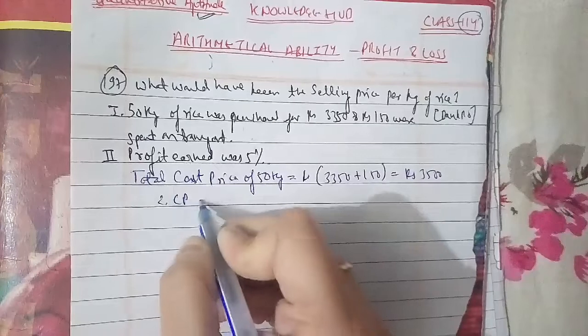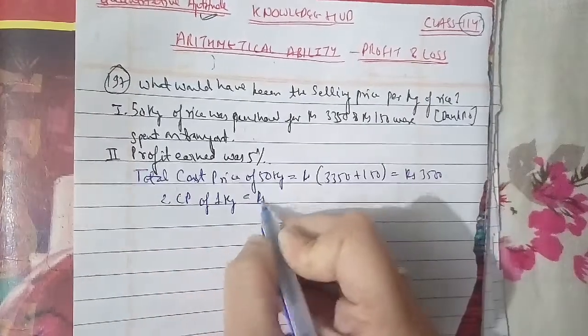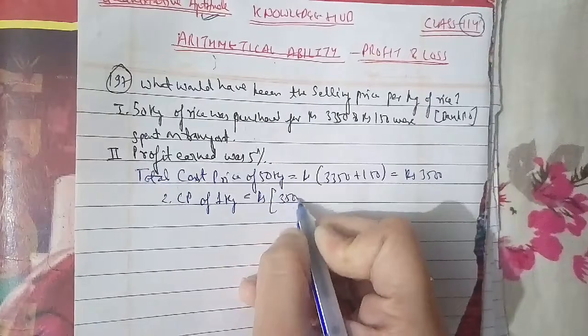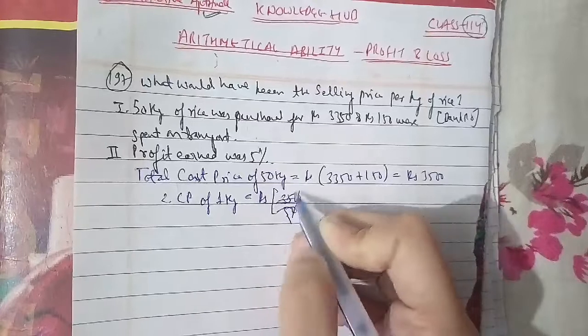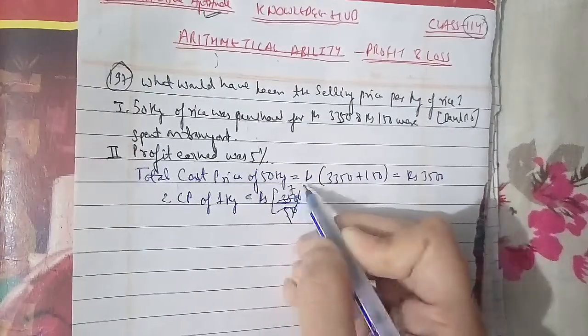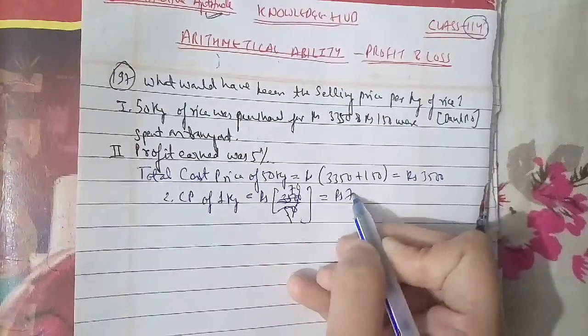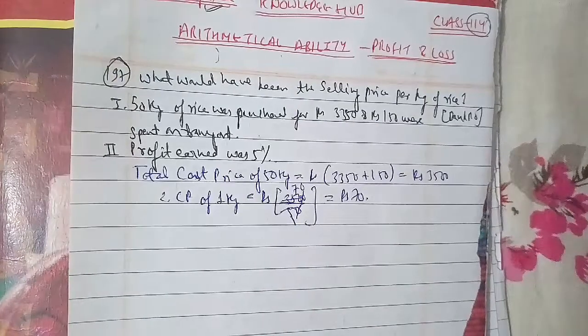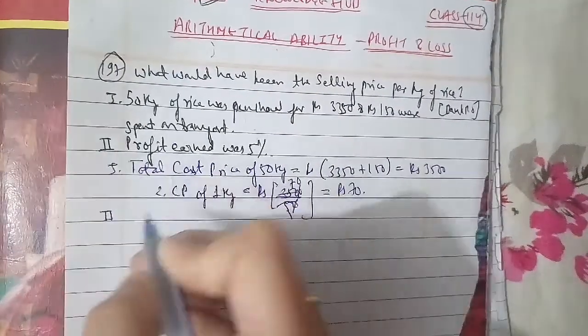The cost price of 1 kg is equal to rupees 3,500 upon 50, zero being cancelled by zero, 5 sevens are 35 and 0, so it will be 70. So it will be rupees 70 here. This is from the first statement.